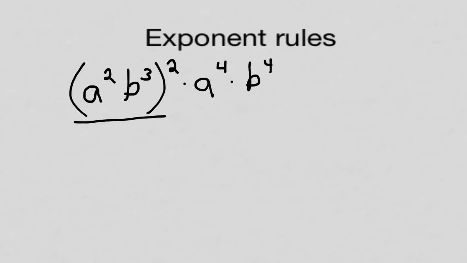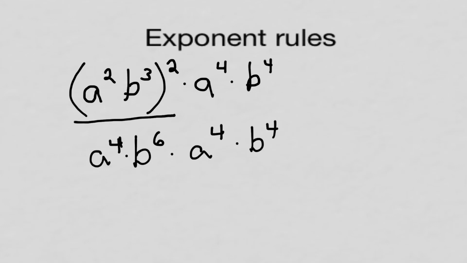Okay, a squared times 2 is going to give me a to the 4th. Okay, b cubed, and if I square that, I get b to the 6th. I'll bring down this a to the 4th and b to the 4th.